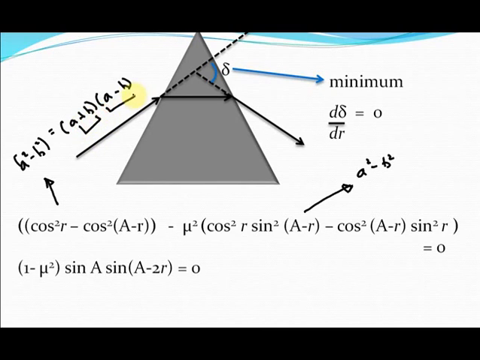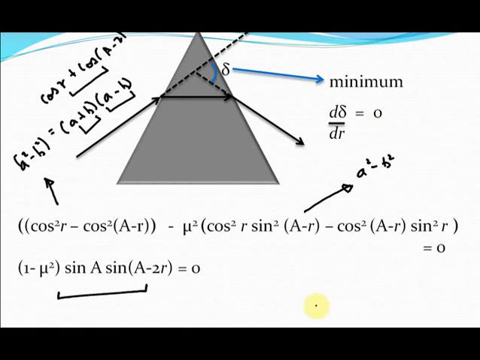For example, in this case, a plus b will be cos r plus cos (A minus r). So you can actually use the formula for cos a plus cos b to simplify this expression. So when you just simplify this expression without any fanfare, this is the final expression that you get, and this comes out to be equal to 0, because d delta by dr is equal to 0.